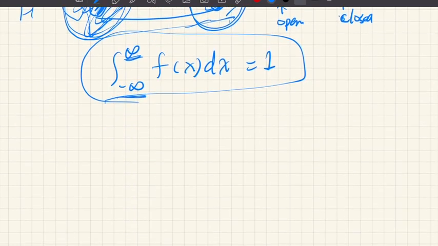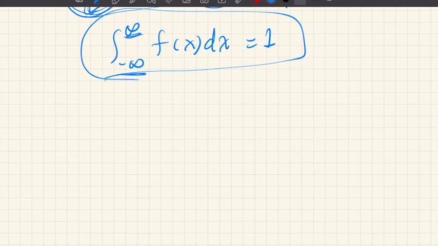Okay. And the cumulative distribution function for the continuous random variable, actually the definition is the same.